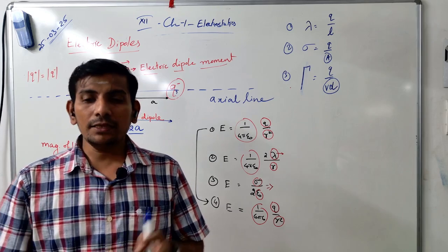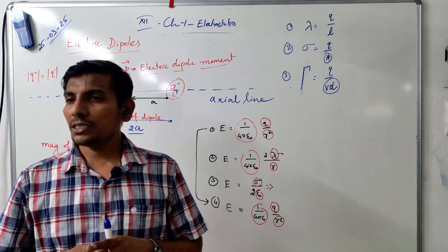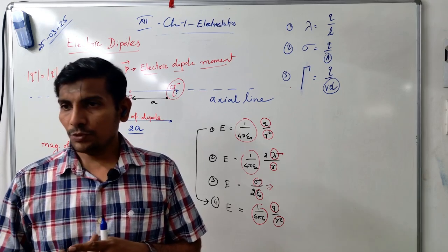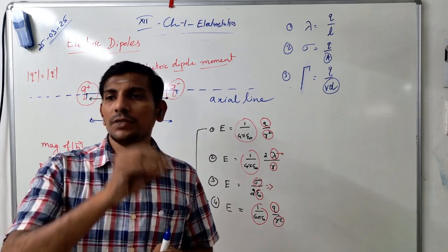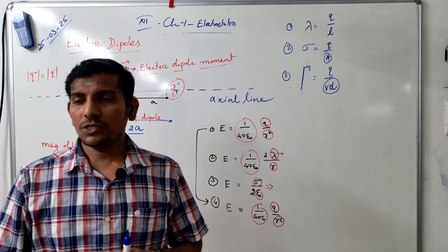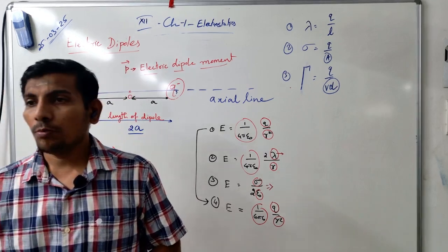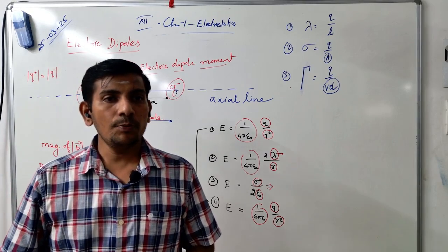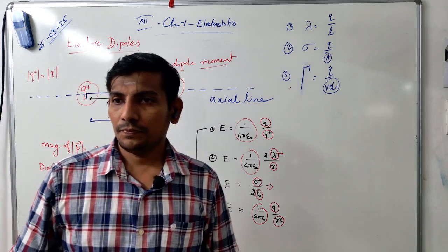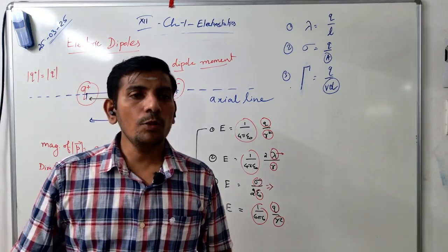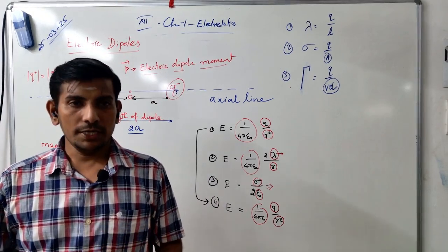So when I take this special system of arrangement, that is the dipole arrangement, how do I measure the strength of the system? The strength of the system is measured in terms of electric dipole moment, which is denoted with the letter small p. And this dipole moment is a vector quantity.